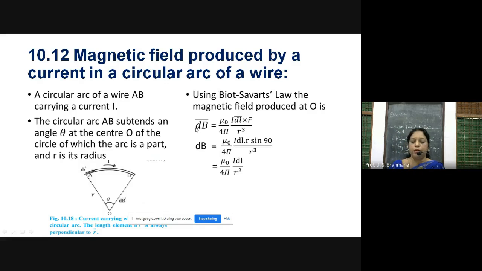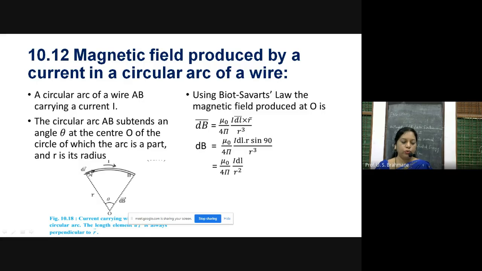So first, dB. We know Biot-Savart's law. Whenever we start with the equation, always write down what Biot-Savart's law is. dB vector is equal to mu 0 upon 4 pi, I dl bar cross r bar upon r cube. When we take the vector form, we take it as r cube here. So dB is equal to mu 0 upon 4 pi, I dl r sine 90.